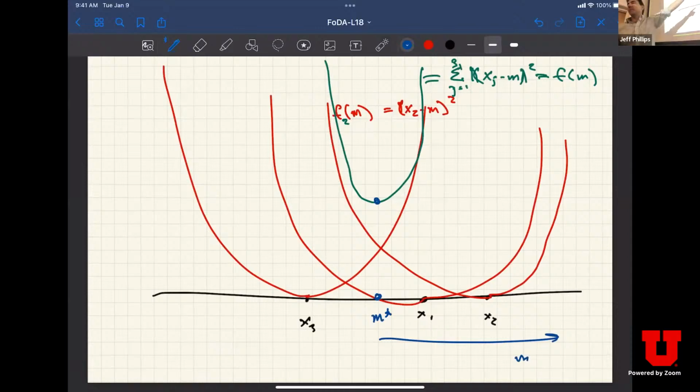This is a one-dimensional problem, and there are other solutions, so it might be a little silly to run gradient descent, but it illustrates the transformation from the data to a cost function for each data point. If I add them together, I maintain convexity and can run gradient descent, which solves for the model parameter by optimizing the green function. So that's the big picture here.